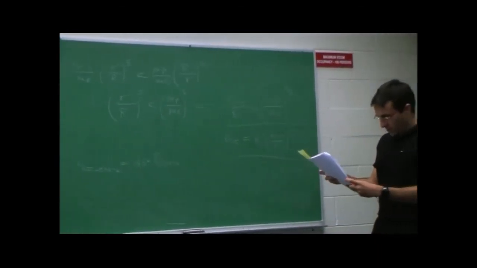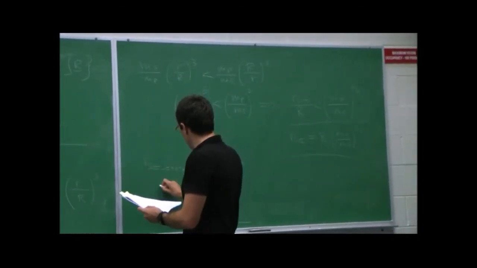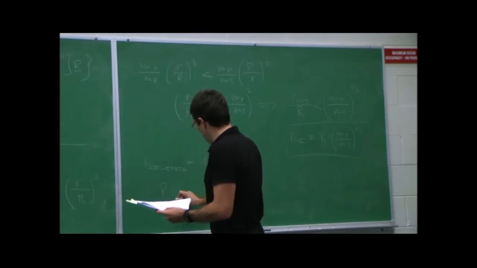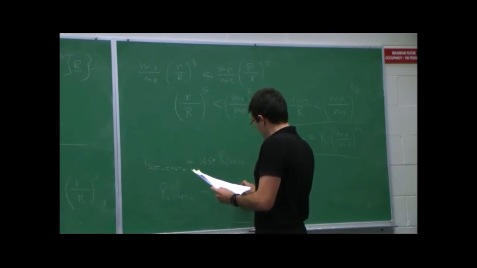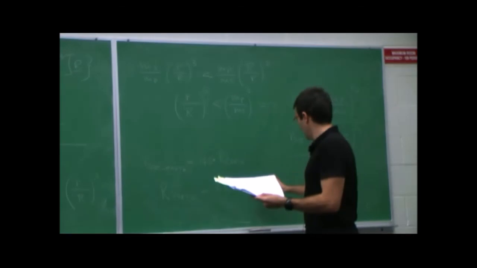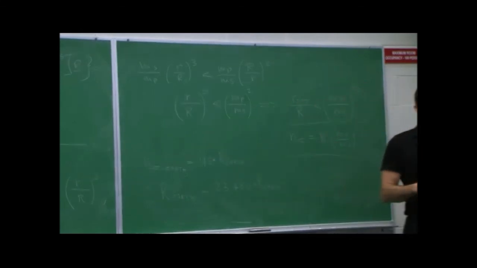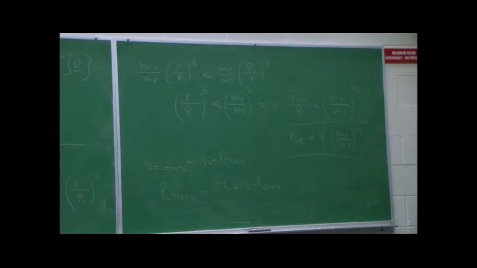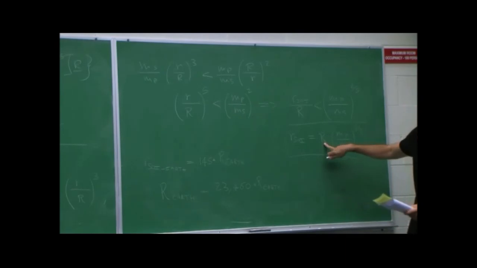I have a few more numbers, just to put it in perspective. The distance, so this would be the big R for the Earth, right? The distance to the sun is 23,460 times, more or less, the radius of the planet itself. And that is what I expected. The distance between the planet and the sun is probably going to be much, much bigger than this sphere of influence that I wanted to compute. These are right here.